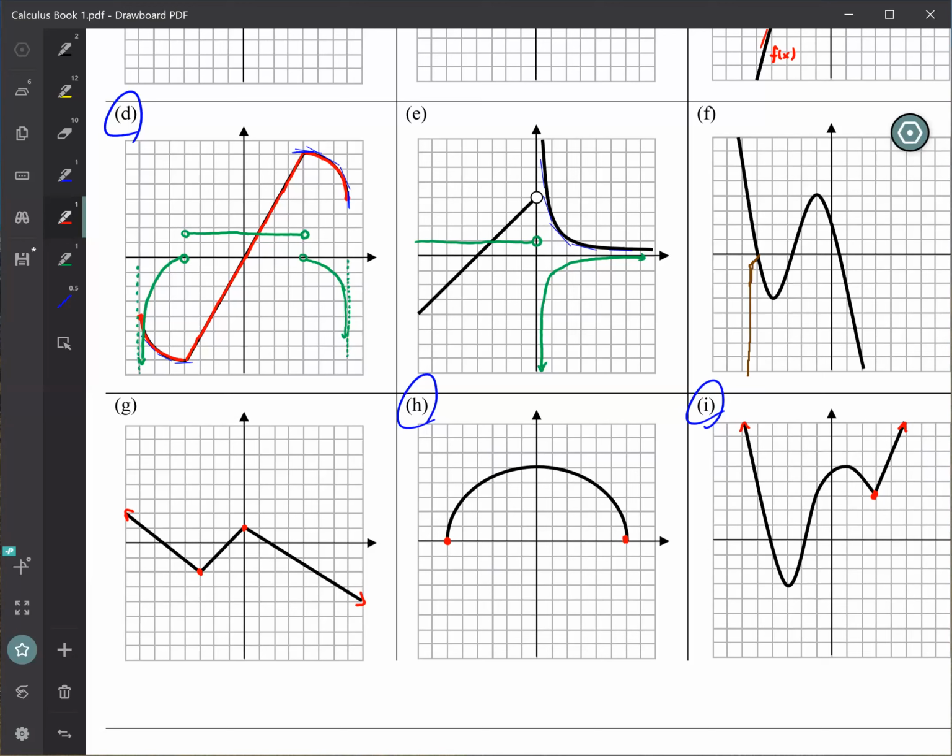And Leon, can you draw H? And next, can you do I?